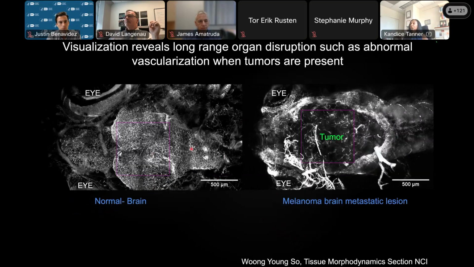These are now adult juvenile fish, where on the control, this is simply a cleared brain, and we can appreciate the blood vessel architecture on the left in a normal brain. And on your right, if you compare by eye, you can see that the vascular system is clearly messed up when a tumor is present.